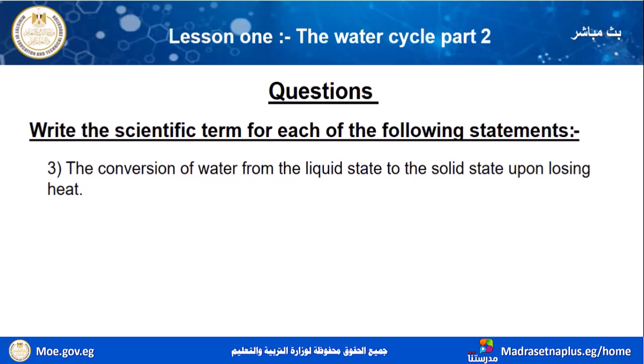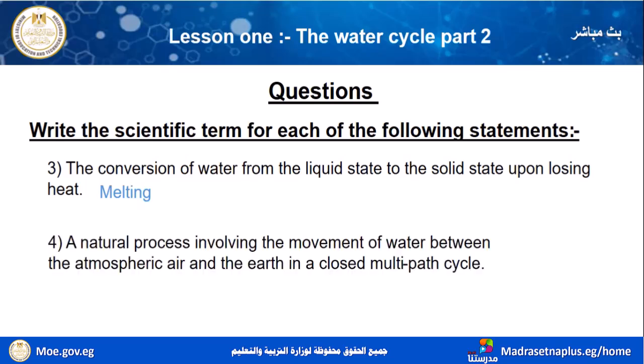When water loses its heat, or thermal energy, it will change into the solid state, such as when water changes into ice. What is the name of this process? That's right. This process is called freezing. The conversion of water from liquid state to solid state.